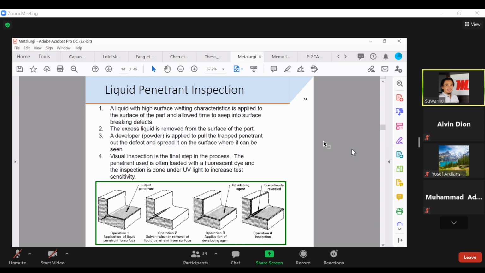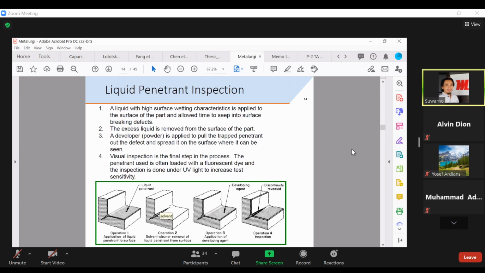First of all, you should put a wetting liquid first, and then this liquid is applied on the surface that you think contains a crack, and then we have to clean it again to remove the excess liquid on the surface, but on the crack it is still remaining. It's number 2 here. So all the liquid is cleaned from the surface, but not from the crack.